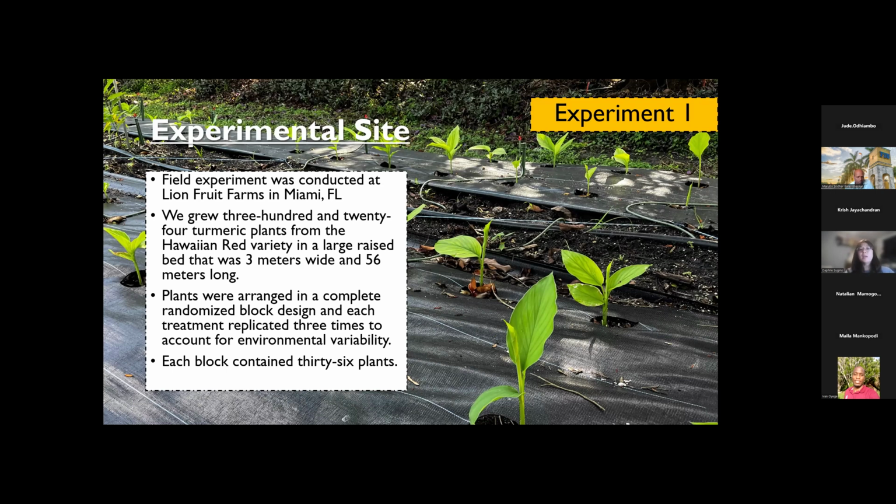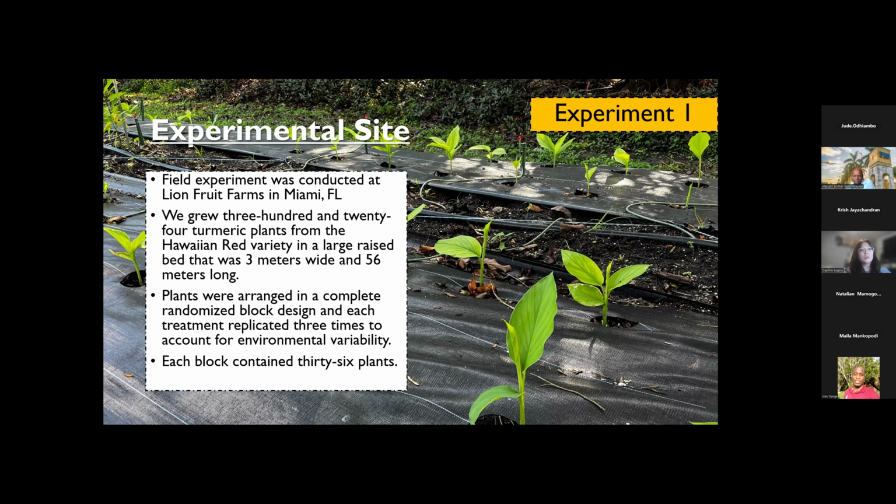We obtained all of the rhizome seeds from a nearby farm that we also partner with, called L&B Farms. All of these rhizomes were originally produced from 10 plants that he had gotten years ago. So pretty much all of the plants that we were using were clones of each other.